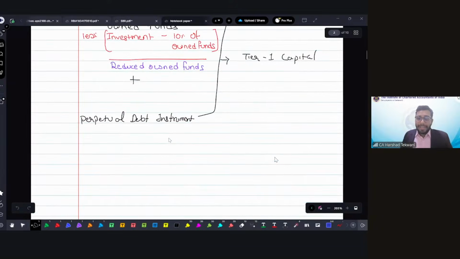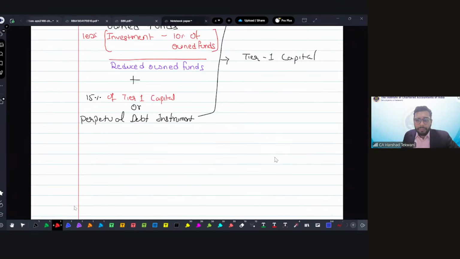So perpetual debt instruments or 15% of tier 1 capital of previous year, whichever is lower.